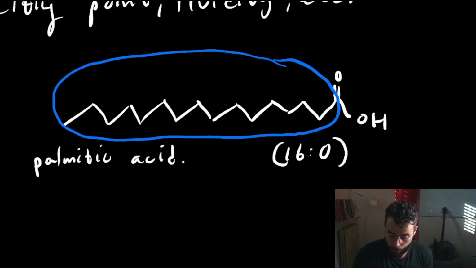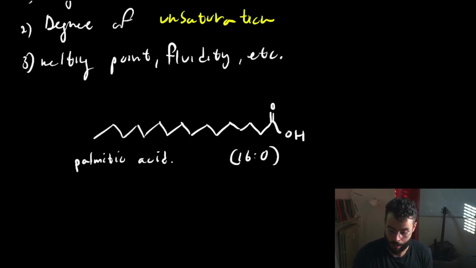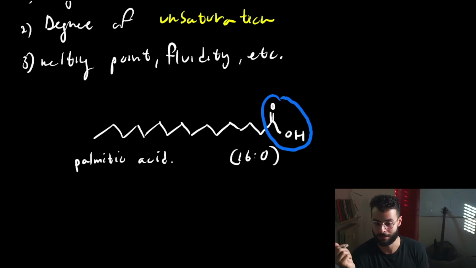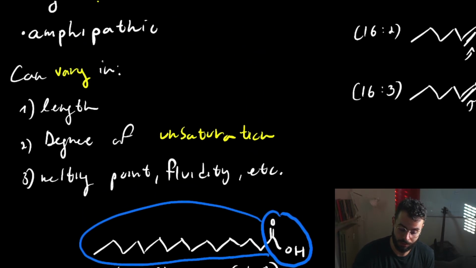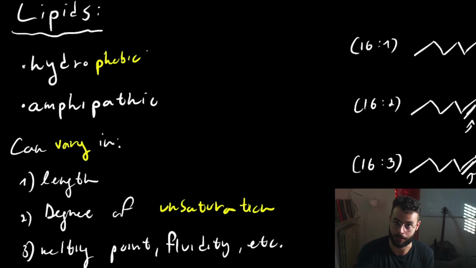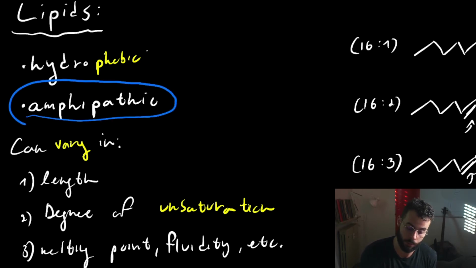When you have a molecule that contains a part hydrophilic and a part hydrophobic, we call the molecule amphipathic. And this is a very good definition to remember.